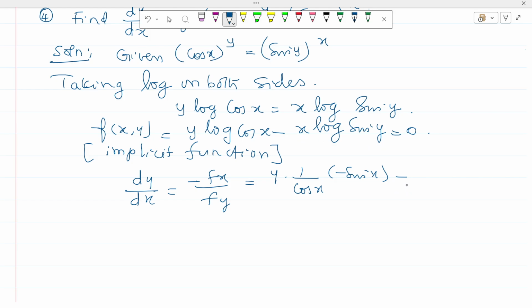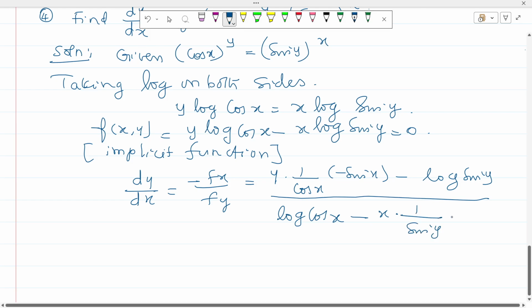Now y is constant, therefore differentiation of x is 1, log sin y will be there, divided by, if you are differentiating with respect to y, differentiation of y is 1, log cos x you will get, minus, x is constant with respect to y, differentiation of log sin y is 1 by sin y, differentiation of sin y is cos y.